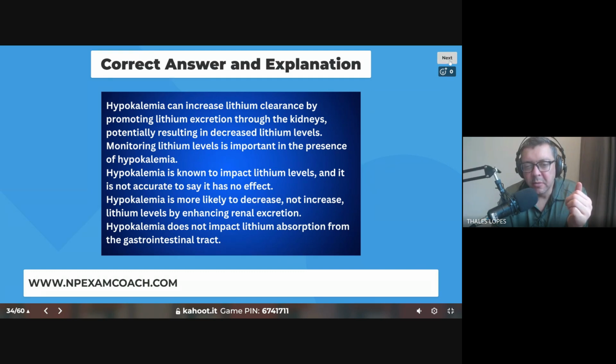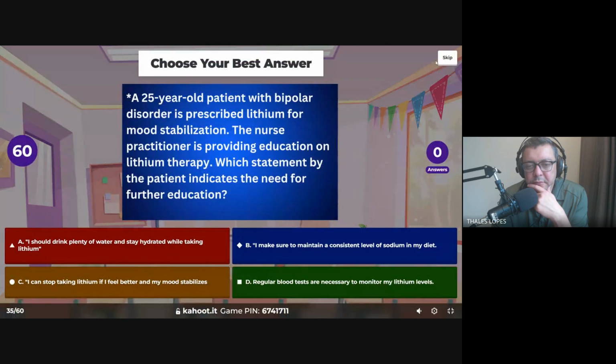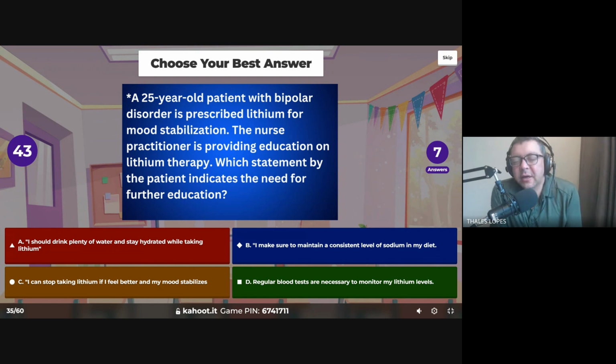So monitoring lithium levels is important in the presence of hypokalemia, right? Okay. So here, a need for more education, right? So we're looking for the incorrect answer.